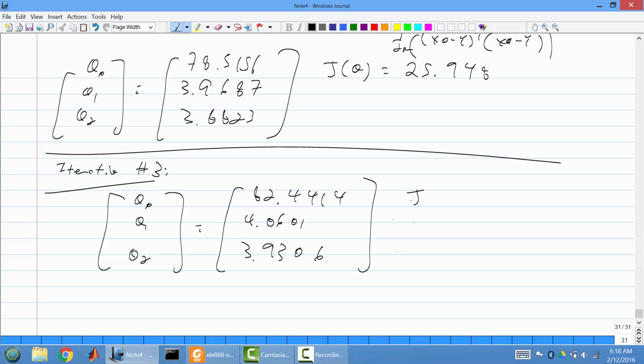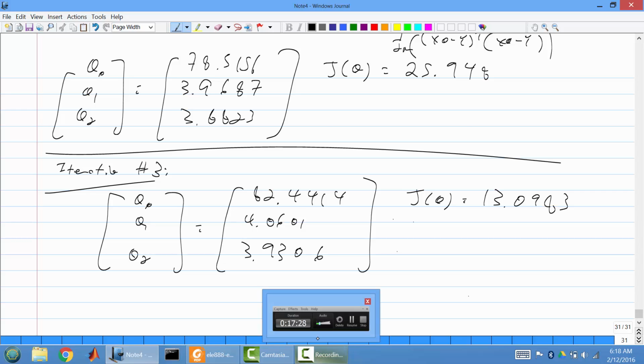Right, and the cost associated with assigning these parameters to the data is 13.0983. Alright, and that's it. Okay, and those are our parameters for the polynomial regression.